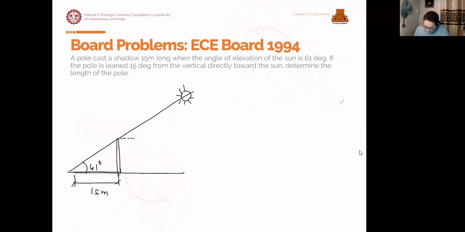If the pole is lean 15 degrees from the vertical. Okay. So, dapat nakalean na siya bago siya nag-cast nung shadow. So, kung ito yung vertical side natin, then maglilean tayo ng 15 degrees. So, halimbawa, ito na yung magiging pole natin.